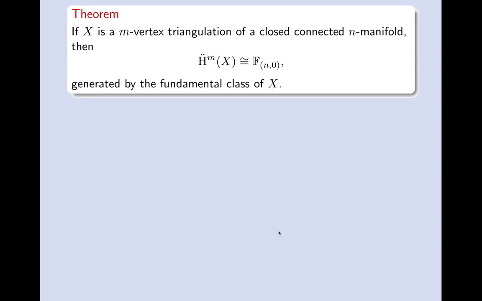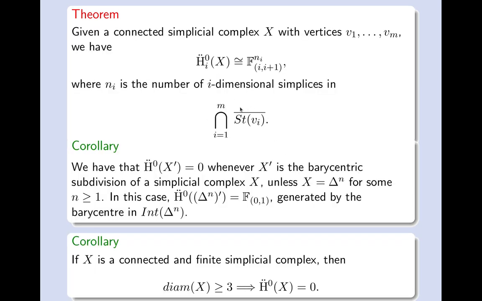Now let's see what happens on the opposite side of the grading. So if, for example, X is a triangulation of a closed manifold with m vertices, and let's say an n-manifold for concreteness, then the Überhomology in its top degree actually does coincide with the fundamental class of the manifold, which is kind of nice, since we just saw that in degree 0 of the Überhomology we get something which is purely combinatorial, so just intersection of balls.